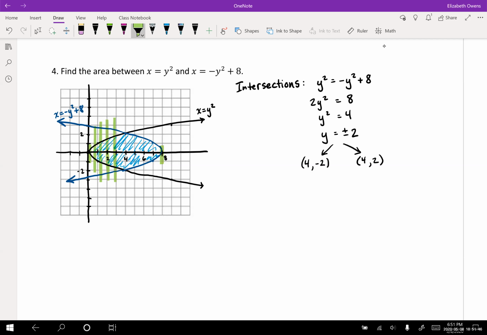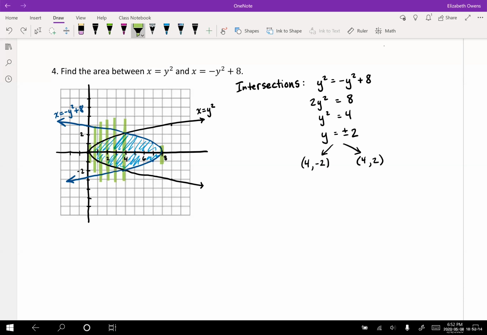But then the functions that you'd be subtracting, the top minus the bottom, would get a little more complicated. Because over here to the left of 4 in this area, you can see that really only the black parabola, x equals y squared, is the only one that's active in that region. So you'd have to split that parabola into its two halves, positive square root of x and negative square root of x, and then integrate the difference between those.